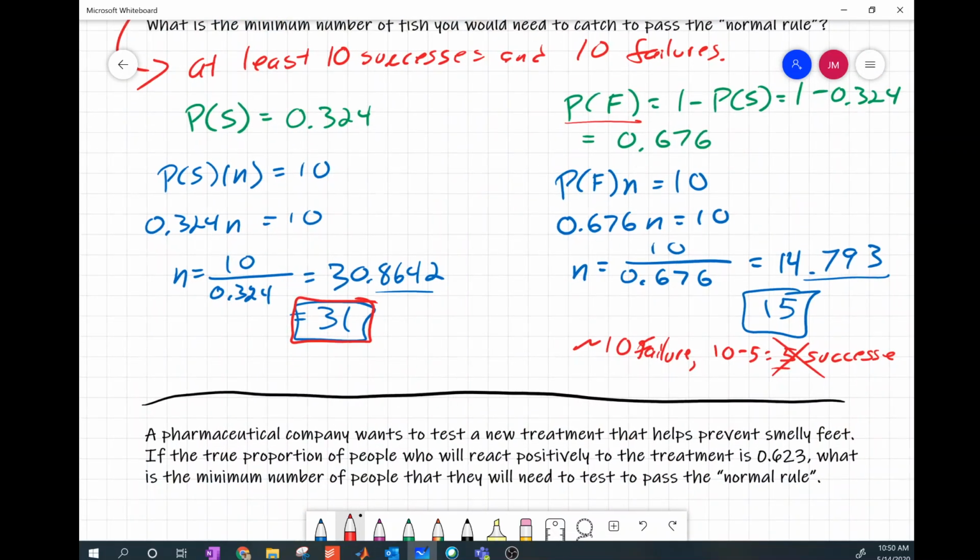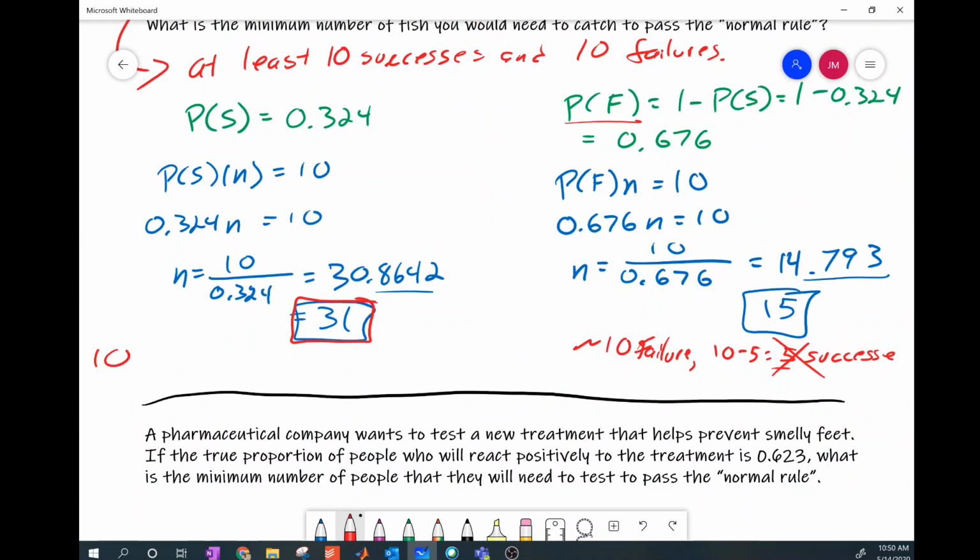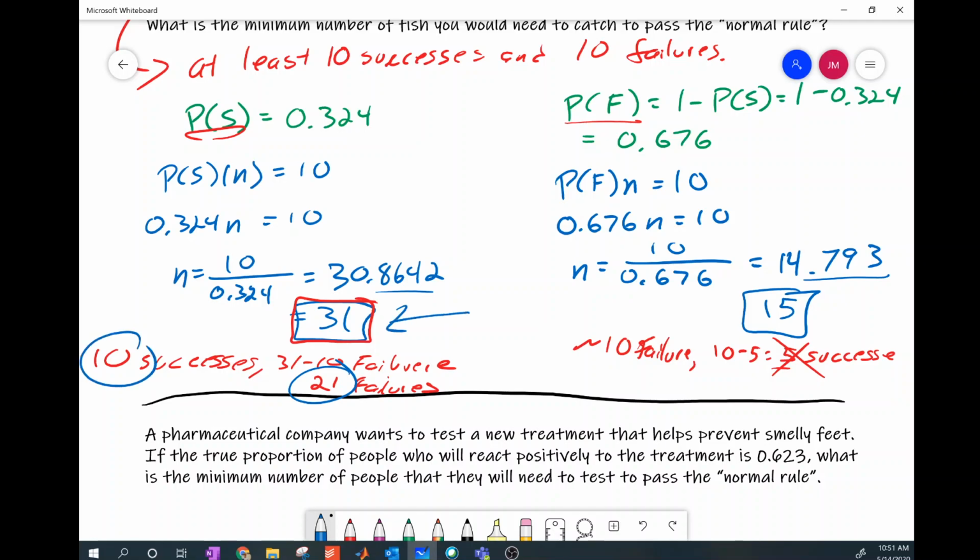Whereas if I do 31, that would give me 10 successes. And then 31 minus 10 failures, which would be 21 failures. Because both numbers are over 10, we know that this is the value we want to use.